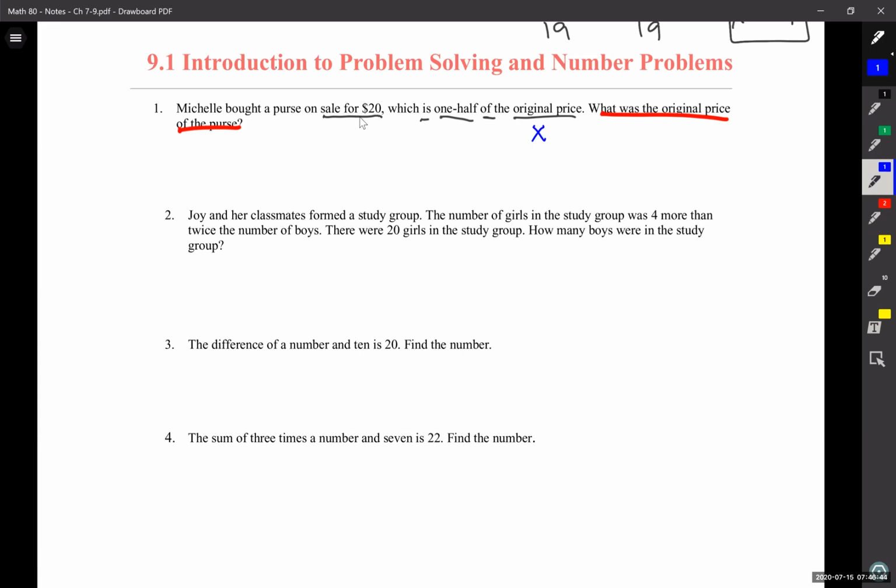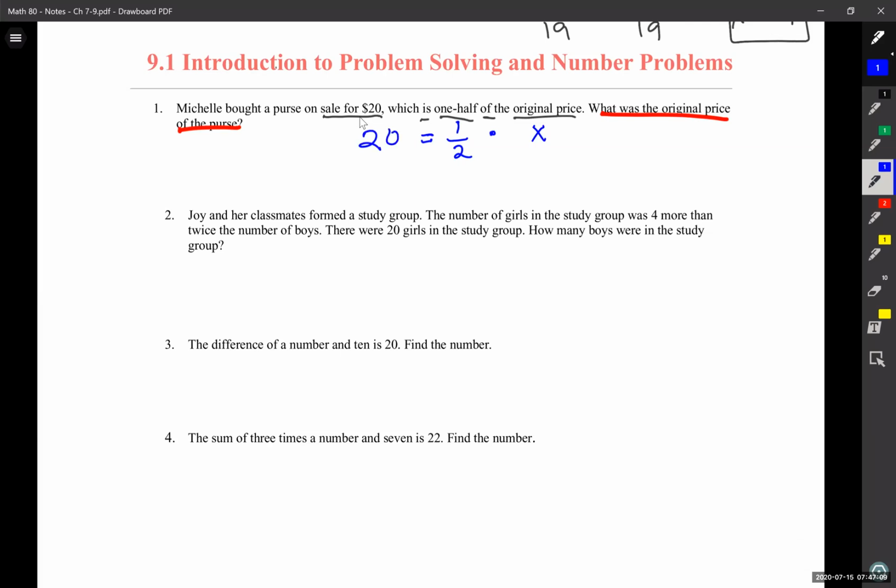Now with these little words, is and of, we've talked about those before. Is means equals, of means times, and then 1/2, I can just write 1/2. And last but not least, on the left-hand side, that sale price of $20.